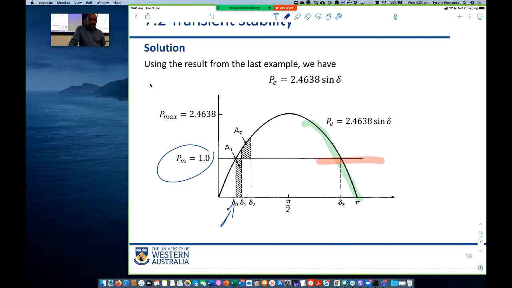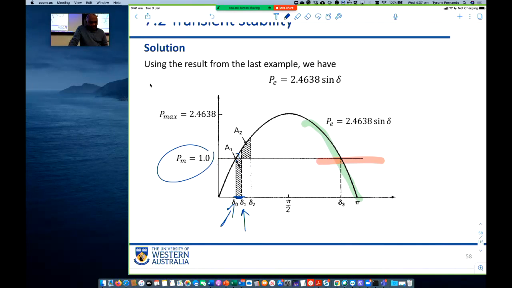And then the short circuit happens at bus 1, so there is no electrical power requirement. So area A1 is as shown, because the electrical power is 0 during that time. Within that time it's going to accelerate.